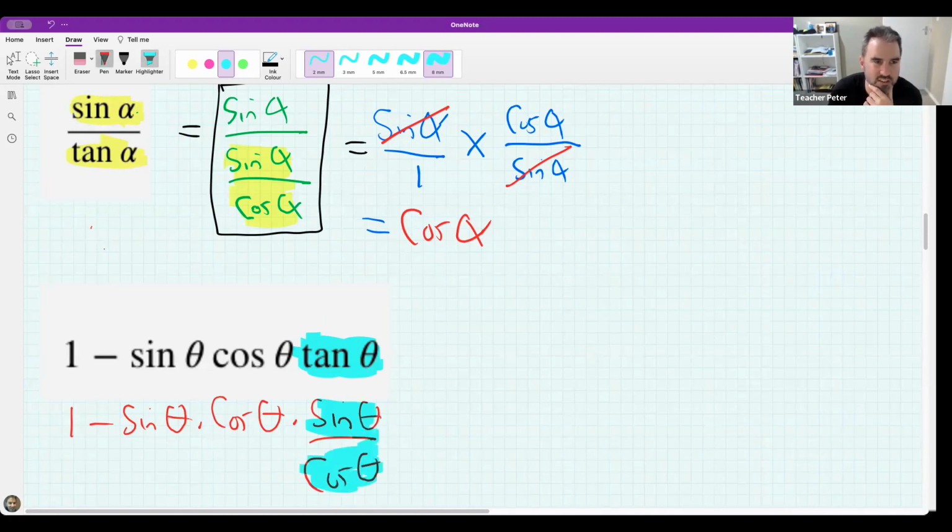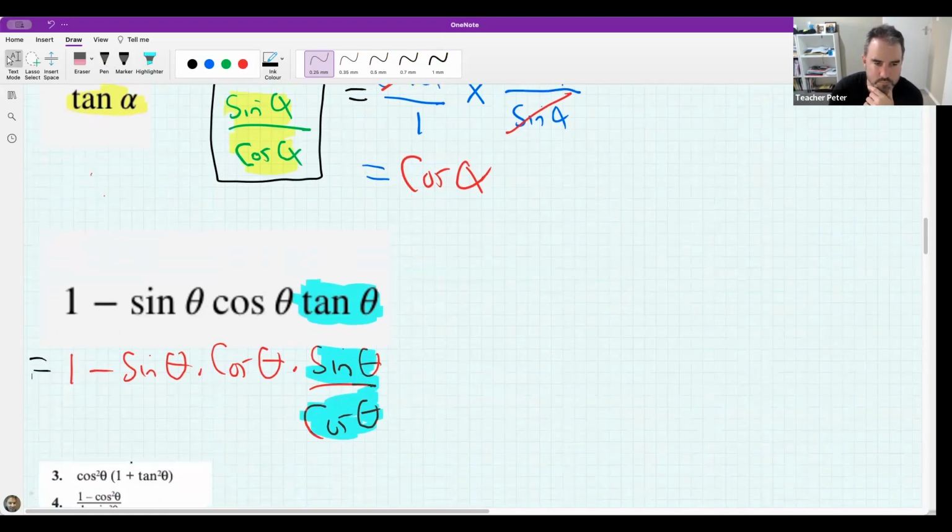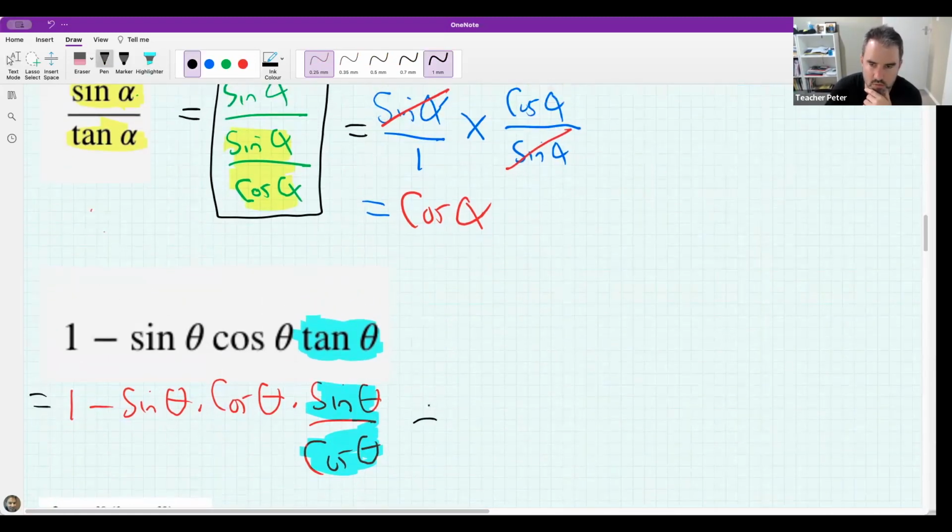But now what should I do next? Because these have to be equal. So now the question is, what do I do next? Well, you know what? This is all actually over the same fraction. So I feel like I can cancel out those two, which then leaves me with that.